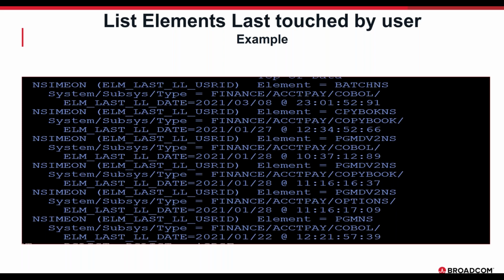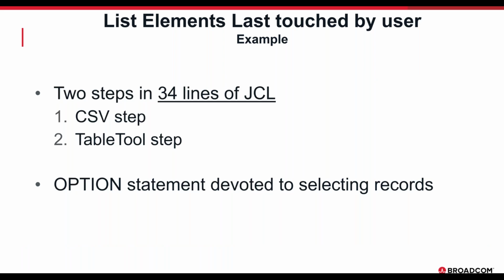as recorded by Endevor. So what produces an output like this? It's 34 lines of JCL. And many of our examples today will show basically the same steps that you see here. There's a comma separated value step, and we're specifically talking about the CSV utility that is available from Endevor.